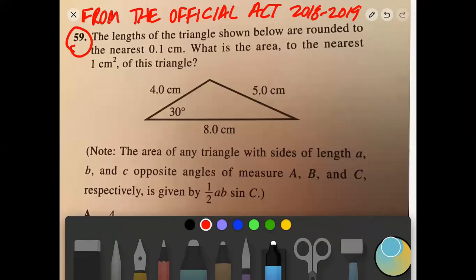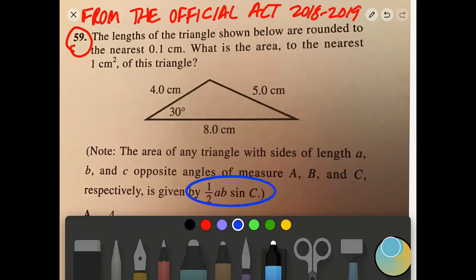I think the reason this one is considered difficult is they give you this formula, 1/2 AB sine of C, and they expect you to use it to calculate the area of a triangle. If you've never used this program, that's what makes it difficult. Most of us are used to 1/2 of the altitude times the base giving us the area.